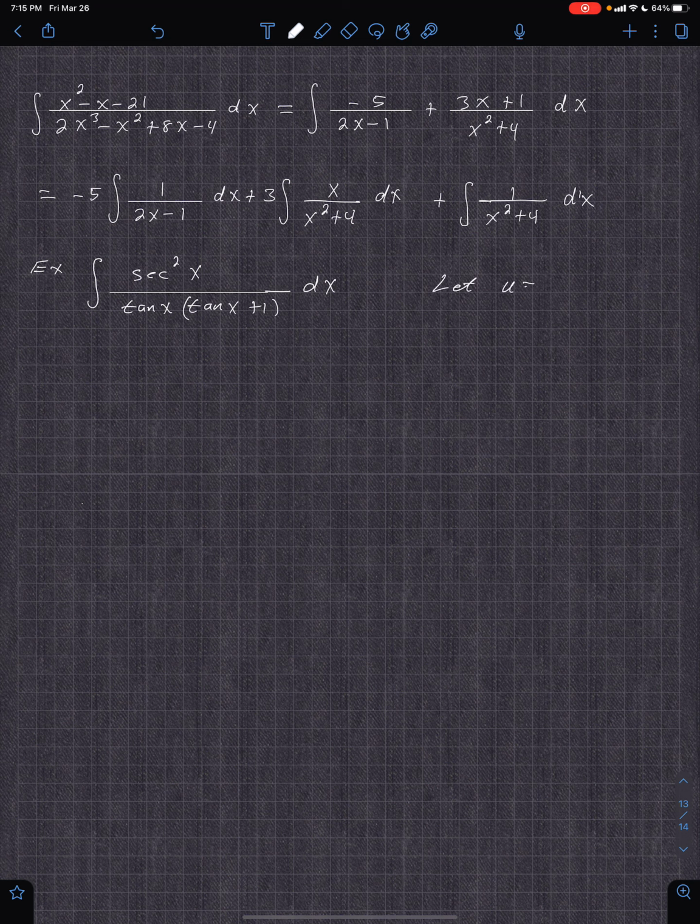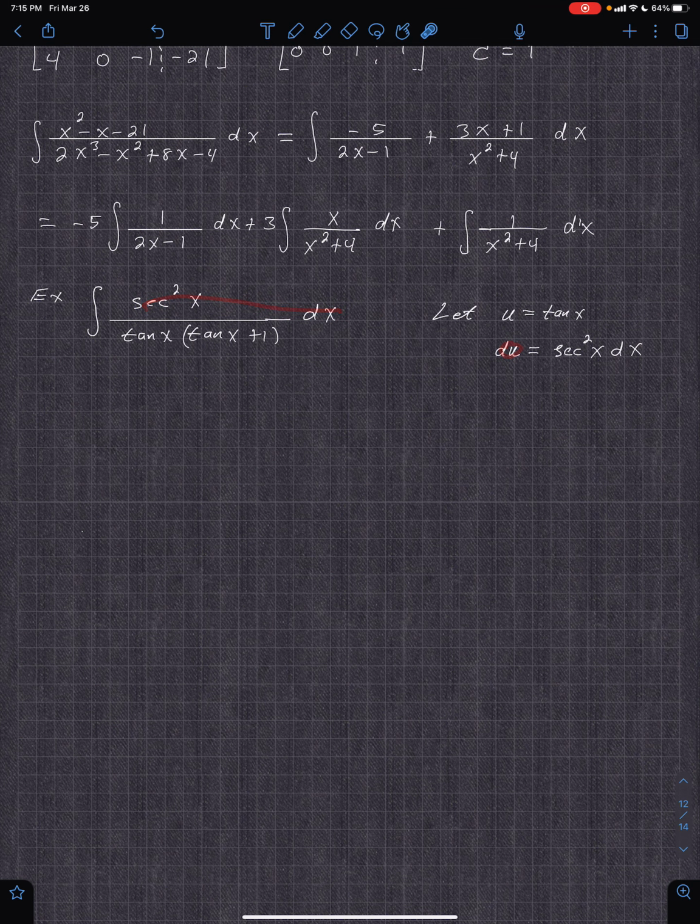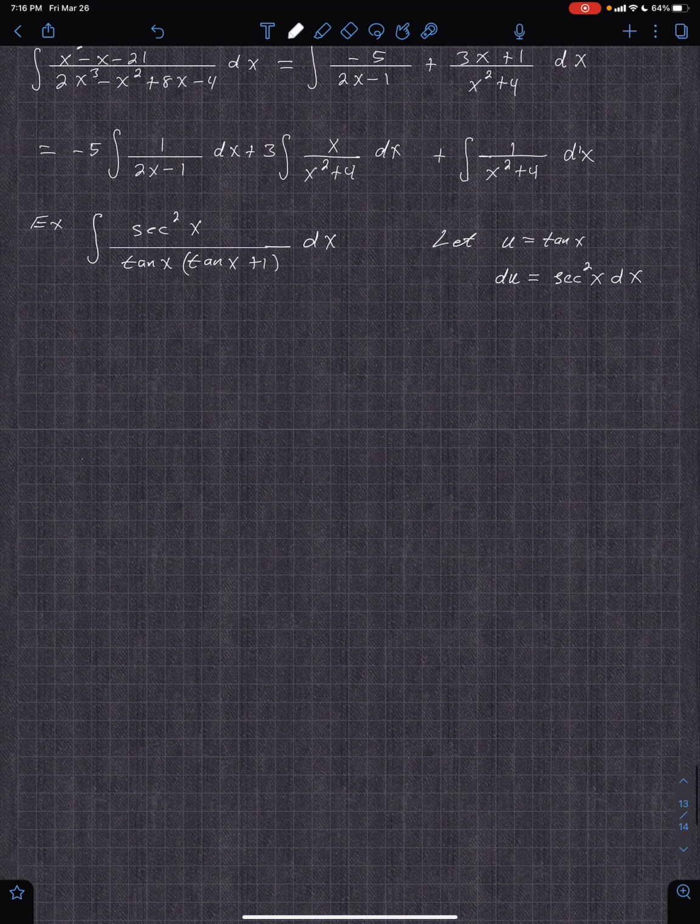Let u be tangent x. Then du is secant squared x dx, which is right there. Here's your secant squared x dx, it's your du. So when you do your substitution, you end up with the integral of 1 over u times u plus 1 du, which is exactly a partial fraction decomposition.